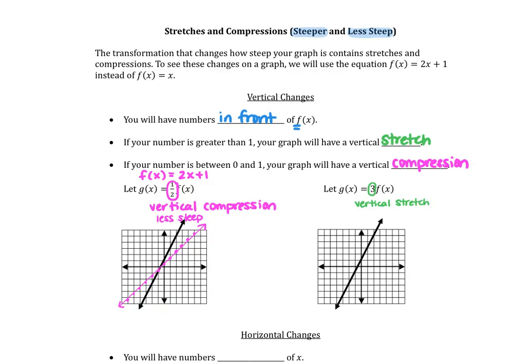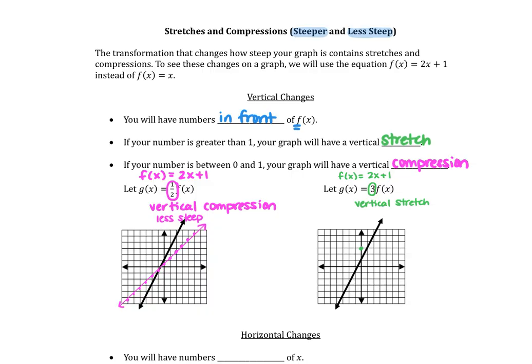Okay, so this is saying that my slope and my y-intercept are both being multiplied by 3. So if my original function, remember, is 2x plus 1, and that's what I see on my graph, my original y-intercept was 1, my new y-intercept is going to be 3 times that. So my new y-intercept is going to be at positive 3.